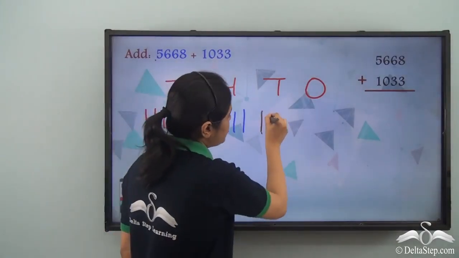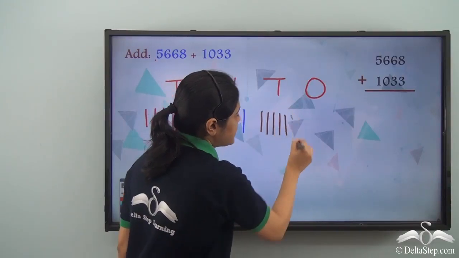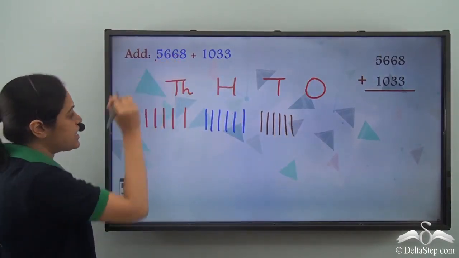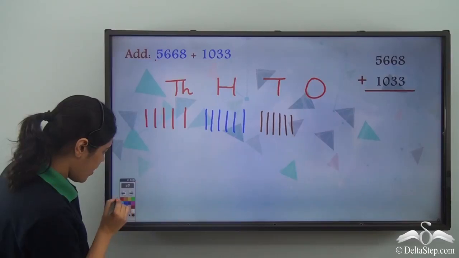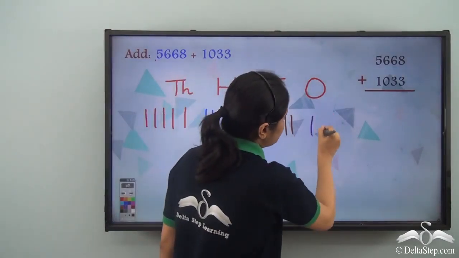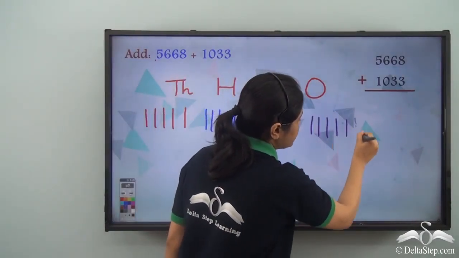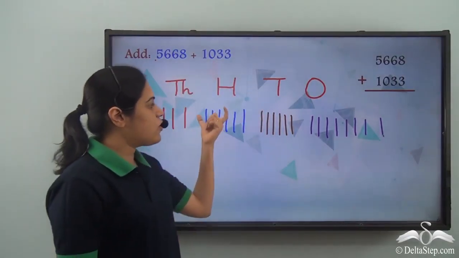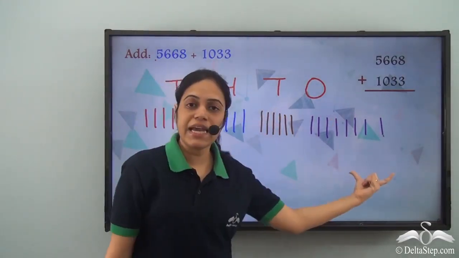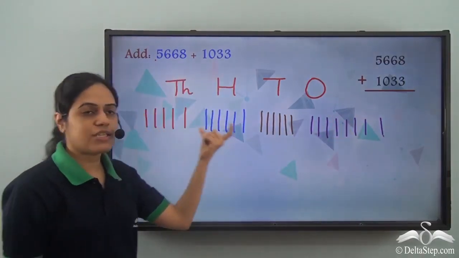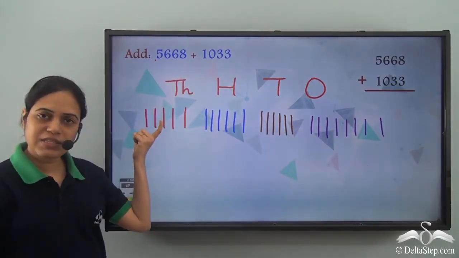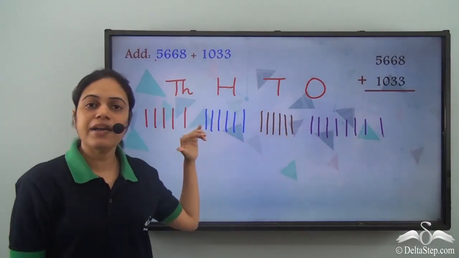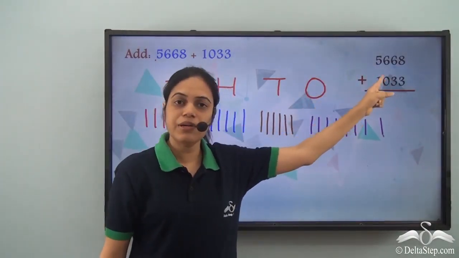So I have 1, 2, 3, 4, 5, 6 tens. And it has 8 ones. So I have 1, 2, 3, 4, 5, 6, 7, 8 ones. So the number 5668 can also be written using the place values in this manner. This is actually another way of writing this number.